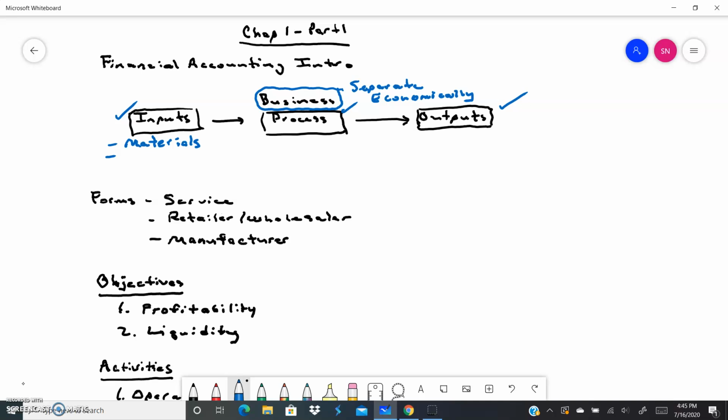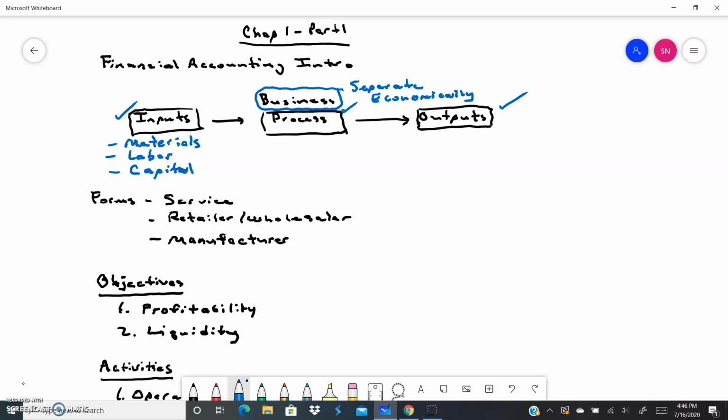Otherwise, they take labor, so some type of human capital. Or, and almost all businesses really require some type of financial capital. So we'll call that capital. So that's really the basic inputs of a business.